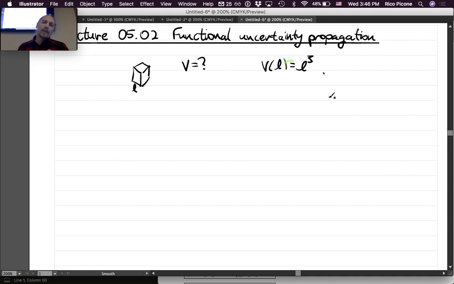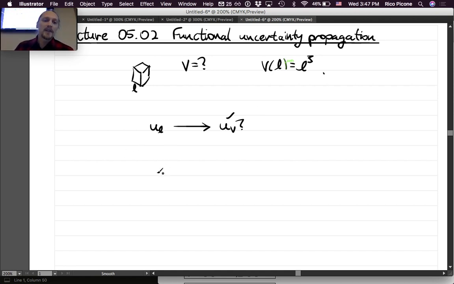Now, the question is, if you have an uncertainty in L, UL, how does that transform into an uncertainty in V? UL is estimated maybe using the RSS methods, design stage, or a more advanced analysis that we'll learn.